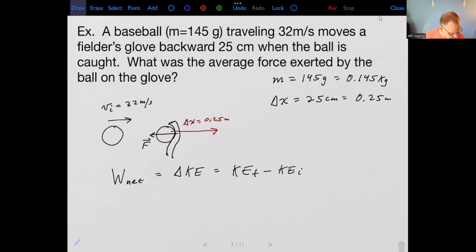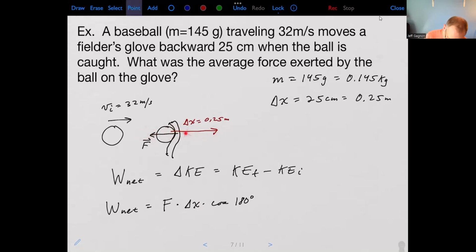Okay, so the net work done is going to be that force, which we don't know, F, times displacement times cosine of the angle between the force and displacement, which is going to be 180 degrees in this case. The force is acting in this case to the left in my example, and displacement is to the right.